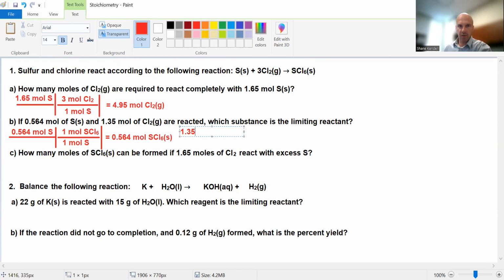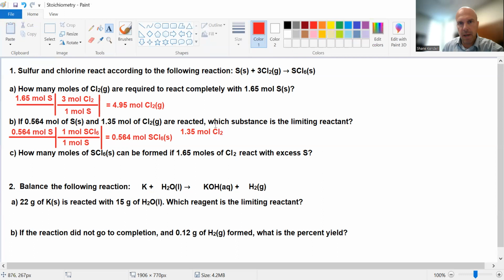So we start at 1.35 mole of the Cl2. And again, I'm trying to relate this back to the product. So what does that look like?